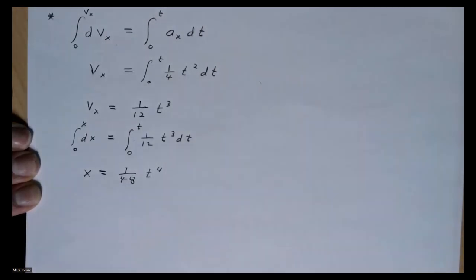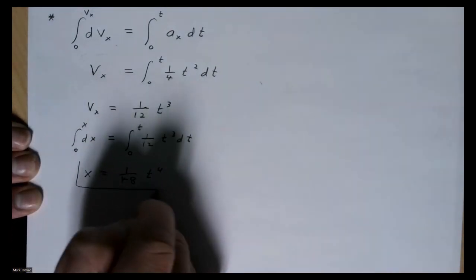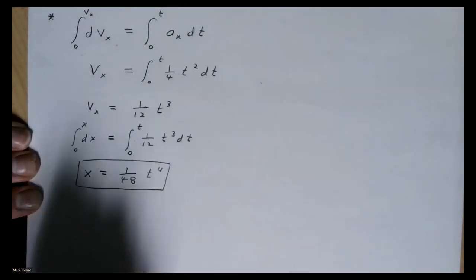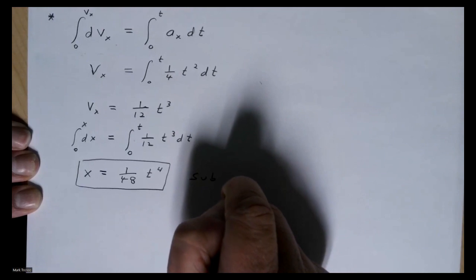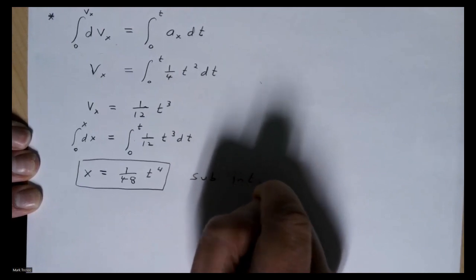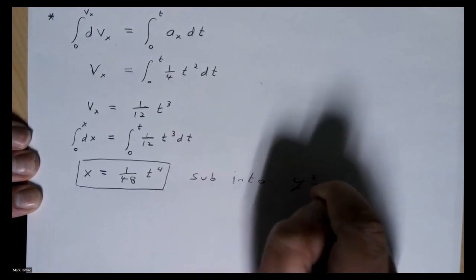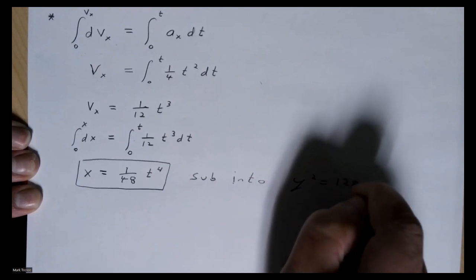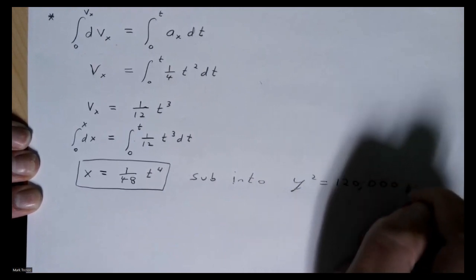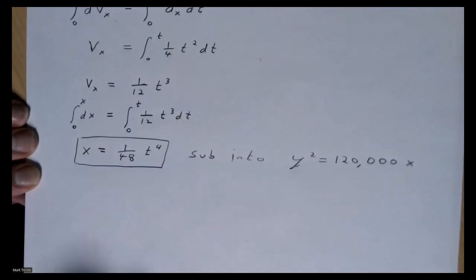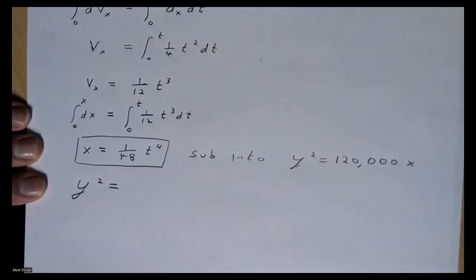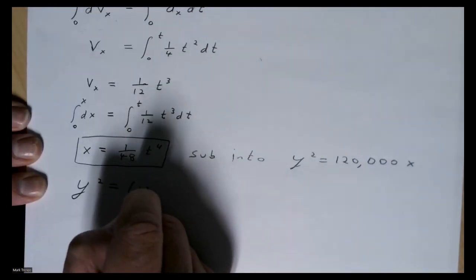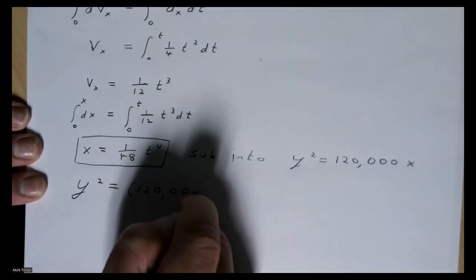Like this. So that gives us an equation for x, and we can then substitute into our y equation. And that's going to give us y squared is equal to 120,000.